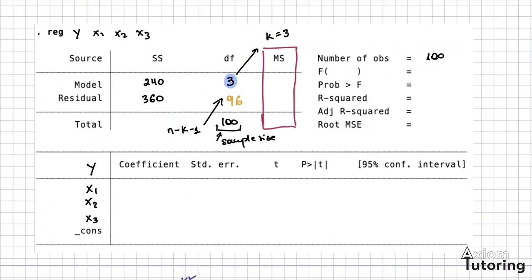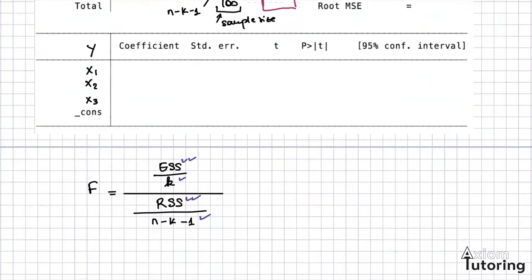But there was a way to compute that information directly from the other information in this block. So when I say let's compute the mean squares, I'm technically telling you, let's compute the numerator and the denominator separately and then put that together to get the final number. This first one is the mean square of the model, while the second bit is the MS of the residual.